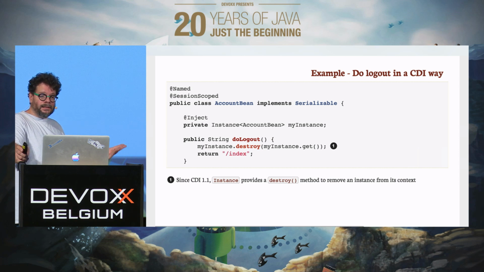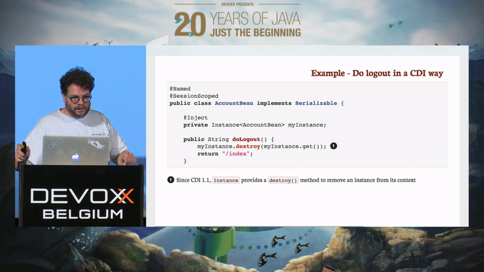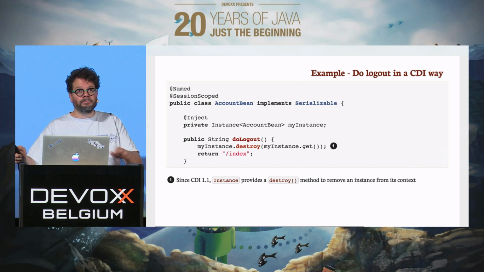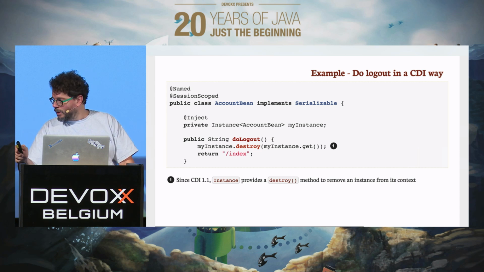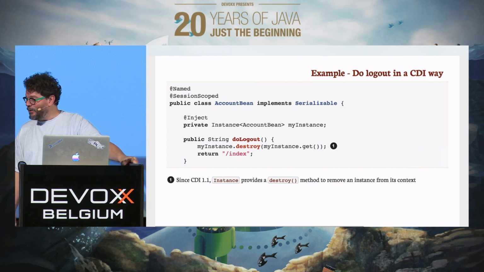So here I ask the Instance interface to get an instance, and I say, okay, destroy myself. And you can continue and be sure that the current bean instance was destroyed for the current session. So perhaps you can try to test that. Yeah, I know it's a bit weird and tricky, but it's working.